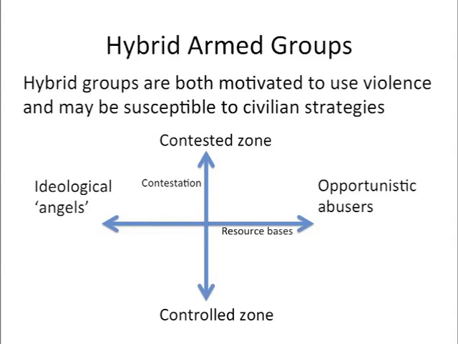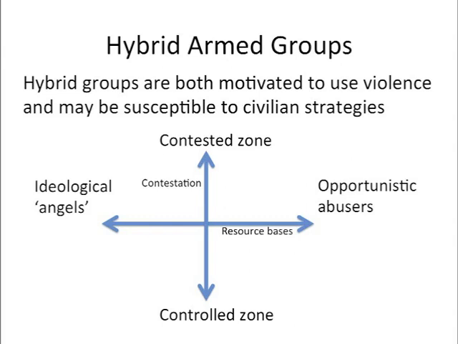And so one schematic where you can see how armed groups might line up is in terms of the dimensions of contestation on the battlefield, so the vertical axis there, and then the resource bases of these armed groups, so whether or not groups are highly ideological and committed to not using violence against civilians, or whether groups are opportunistic abusers and don't have many restraints.